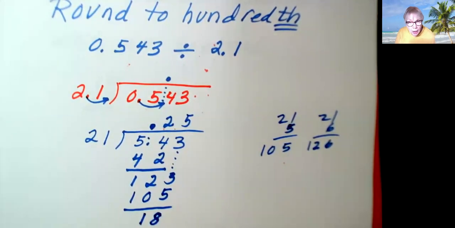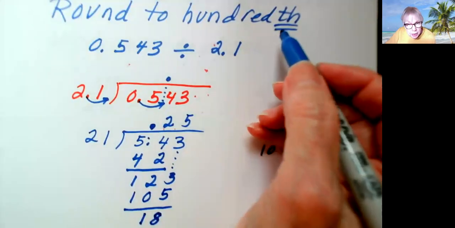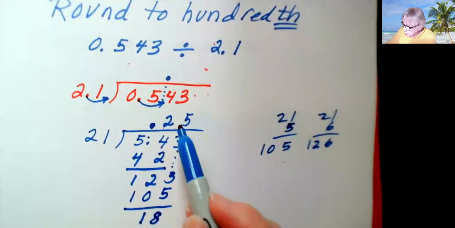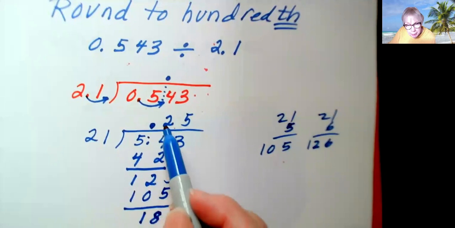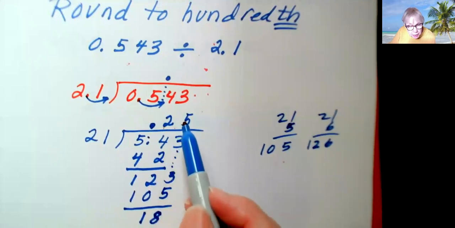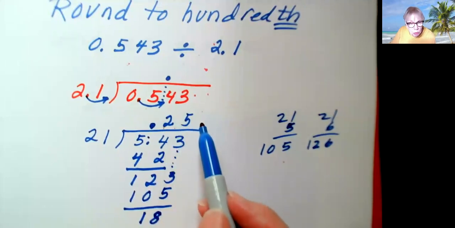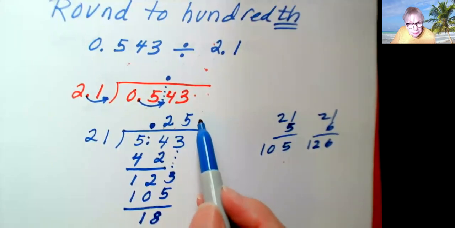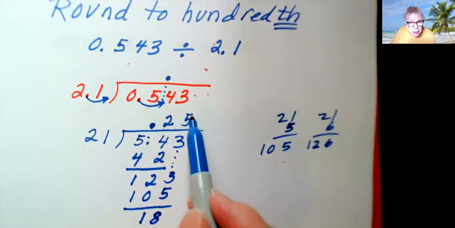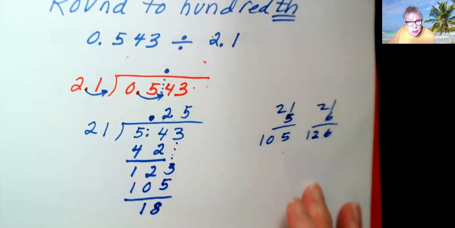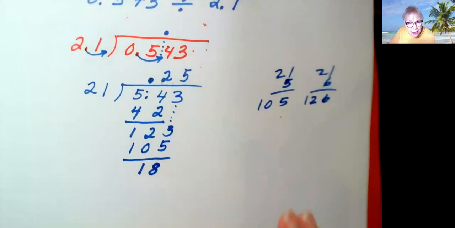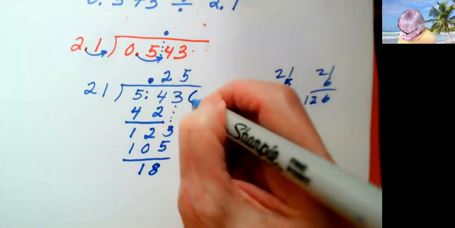Now, I'm told I have to round to the nearest hundredth. And so this is the 10th place and this is the 100th place. But in order to decide about rounding, I need one more number. So I need a number to make the decision about the 5. So knowing that, I really have to overshoot it or go one more place past the place where you round.